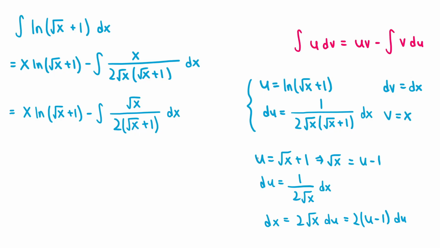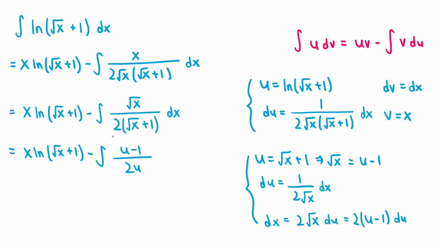So if we substitute this into the integral, the first part of the expression, x ln of the square root of x plus 1, stays the same, and then we have to subtract the integral of u minus 1 over 2u, since the square root of x equals u minus 1, and we also let u equal square root of x plus 1.